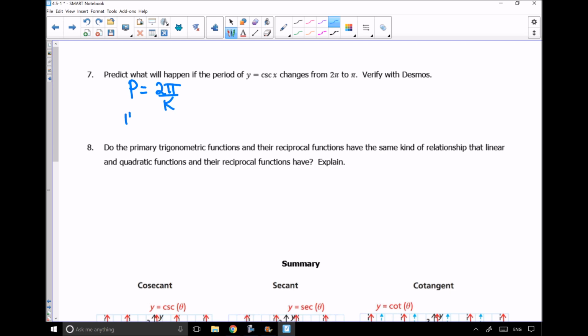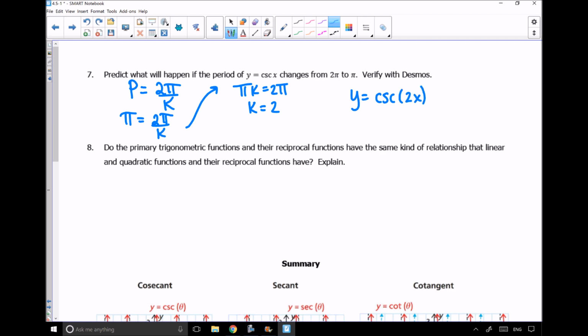So we went from 2 pi to pi, so we can say pi equals 2 pi over k. Multiply both sides by k, we get pi k equals 2 pi, which means that k is equal to 2. So we can use y equals cosecant of 2x.